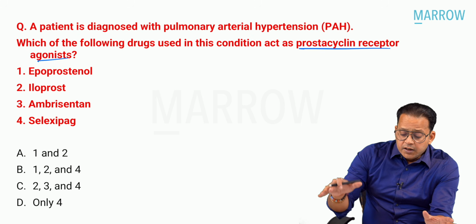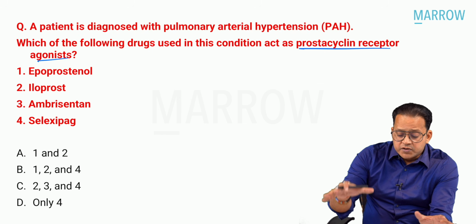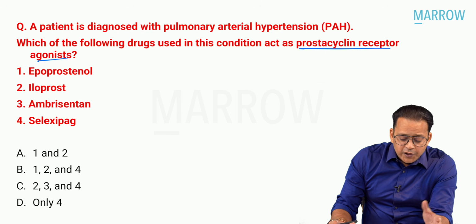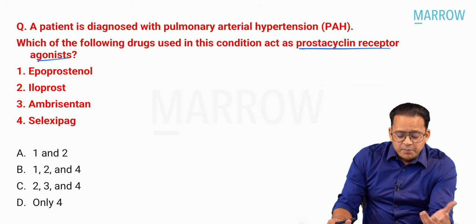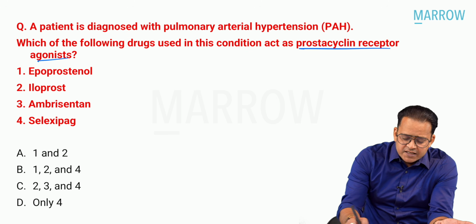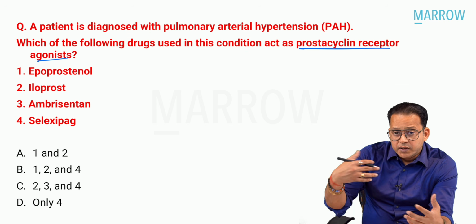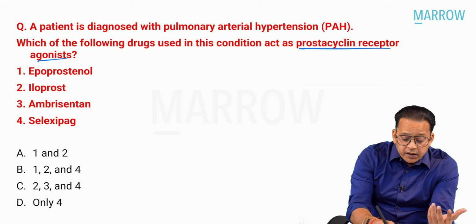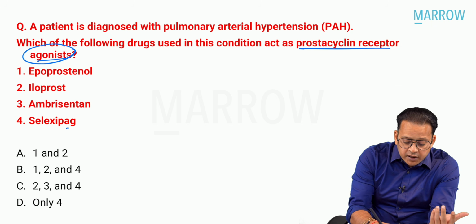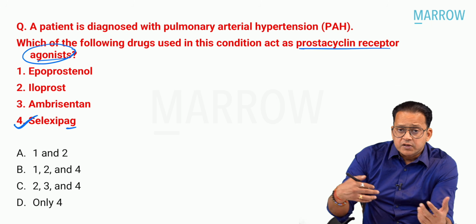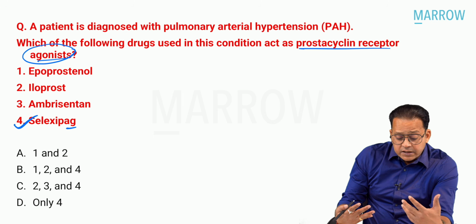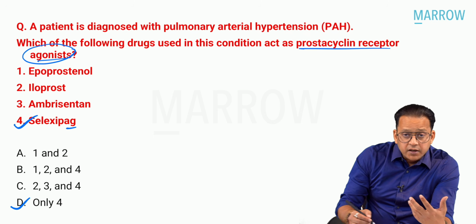What have they asked? Prostacyclin receptor agonist used in pulmonary artery hypertension: epoprostenol, iloprost, ambrisentan, selexipag. It is a simple MCQ, guys. If you know the nomenclature of drugs, the only one drug which has ag for agonist is selexipag. So even if you didn't know anything, you would have answered this. Answer is D, only 4.